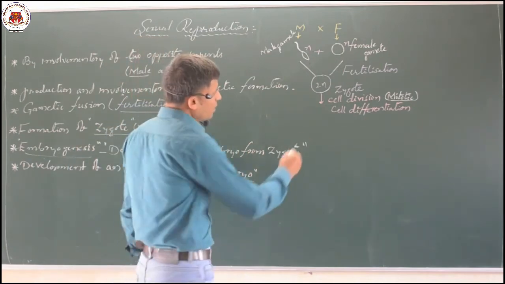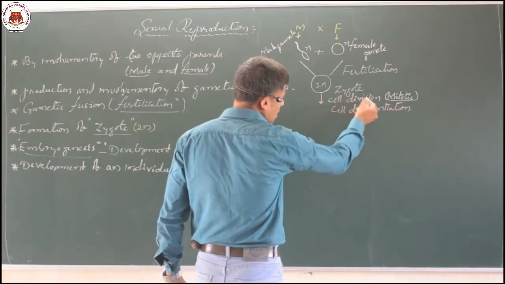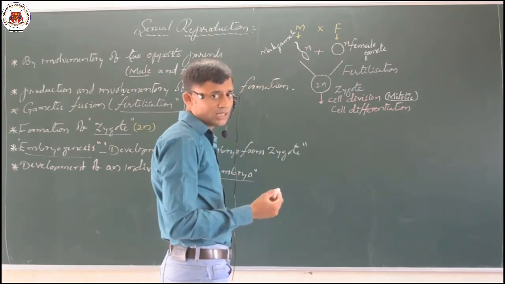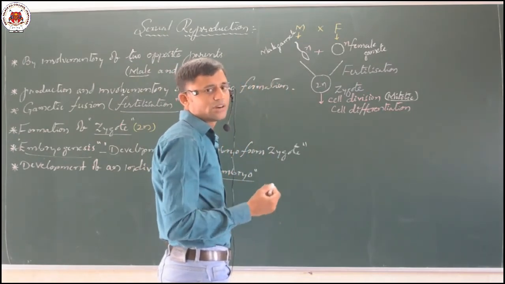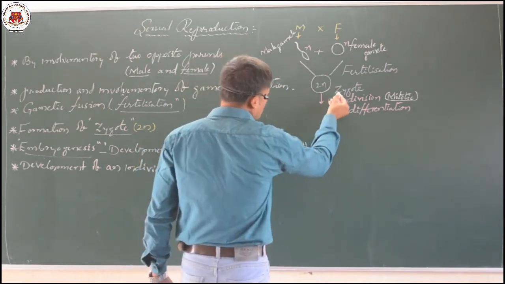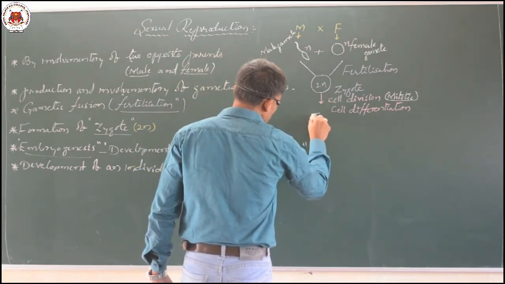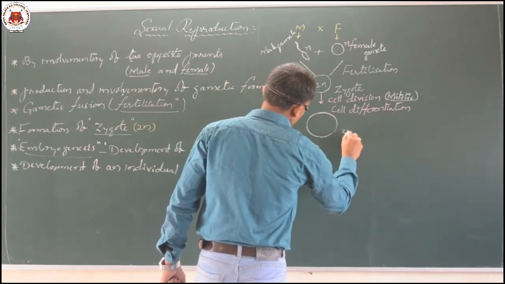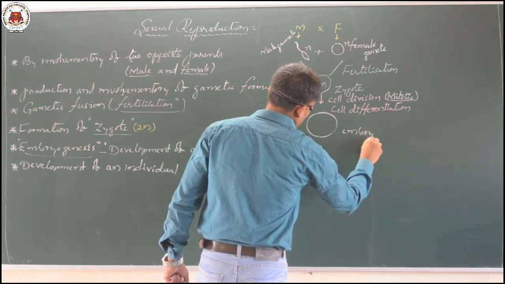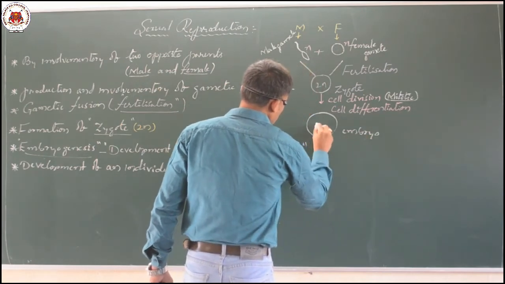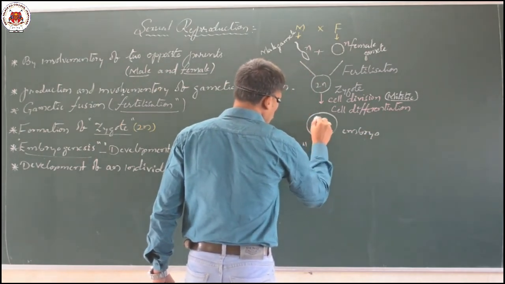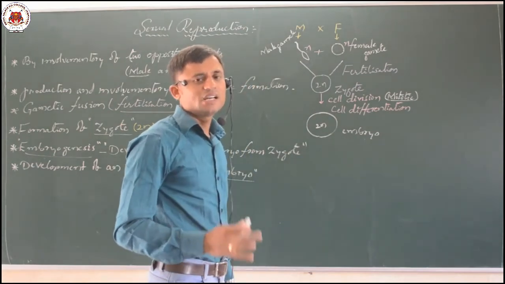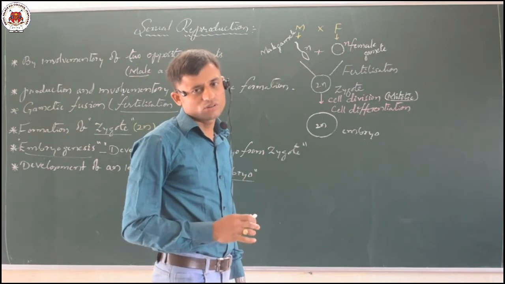Like during that time also, cell division and cell differentiation take place in the stem cells, resulting in the formation of new organs. Like the zygote will develop into a newly formed embryo. Now, inside this embryo, however many cells are present, each and every cell has the diploid number of chromosomes.